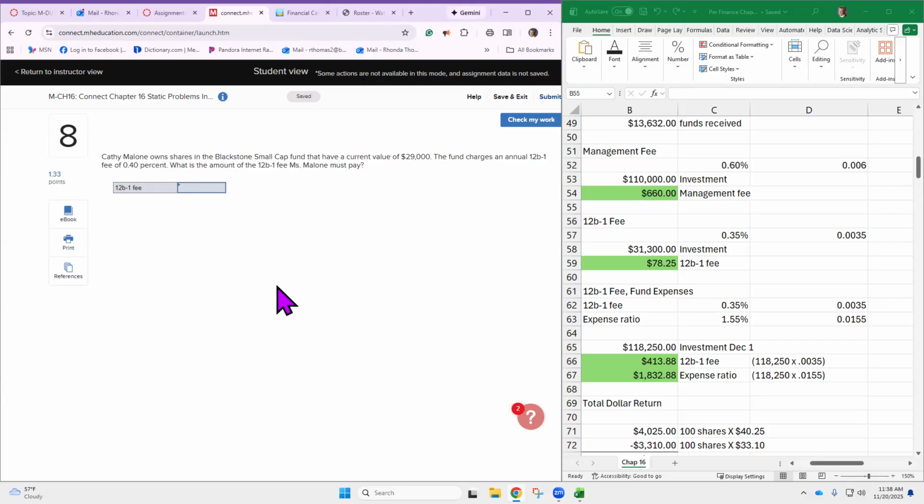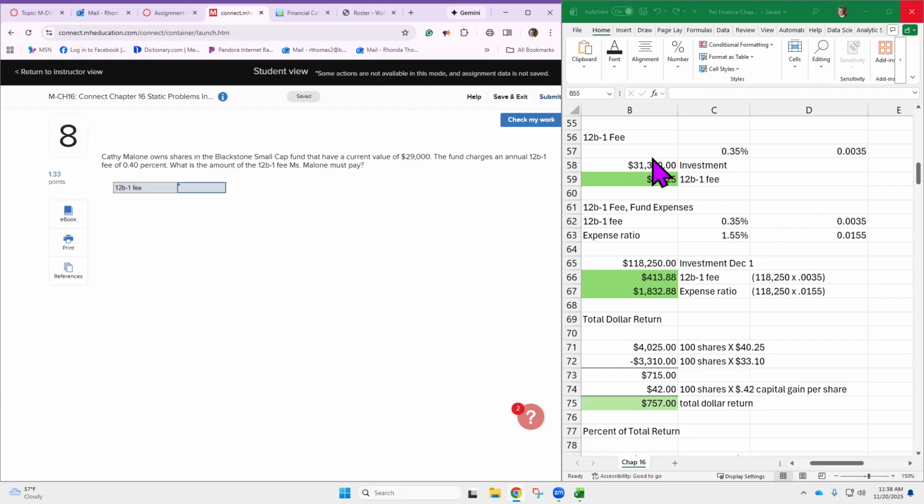So if Kathy owns shares in Blackstone Small Cap Fund that have a current value of $29,000, the fund charges an annual 12B1 fee of 0.40%. What's the amount of that 12B1 fee? So just like we did before with the management fee, we're going to put down how much the investment is worth.